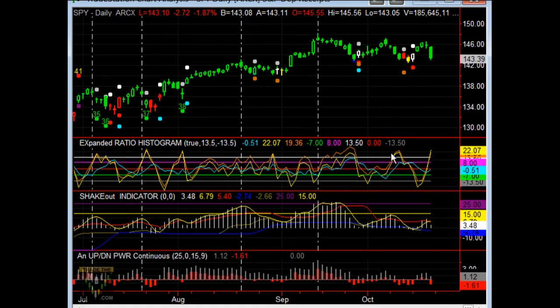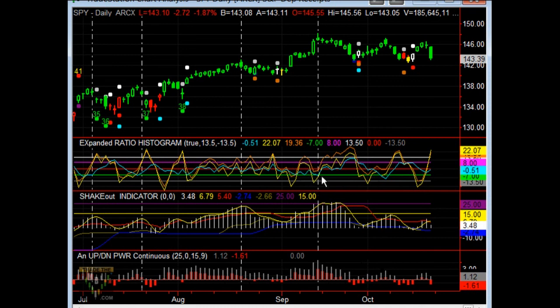And the most recent one, we were big buyers of these fractal buy setups right here, but we were exiting because the indication from our ratio histogram was telling us to exit that maneuver, and we also had a couple of other fractal sell signals that appeared right at the peak. We actually took out the day before a significant decline took place.